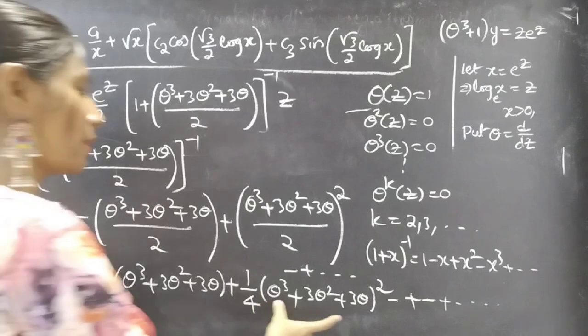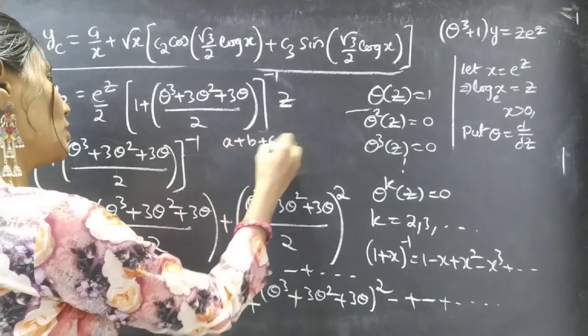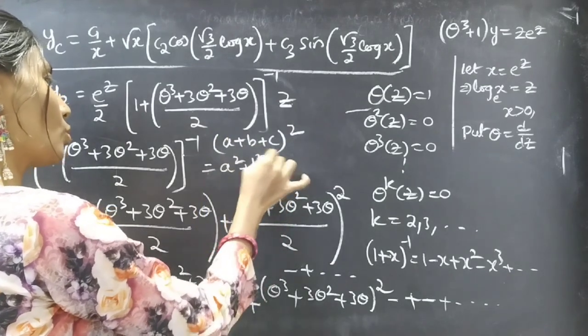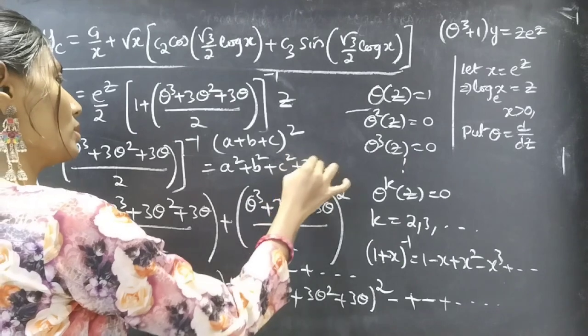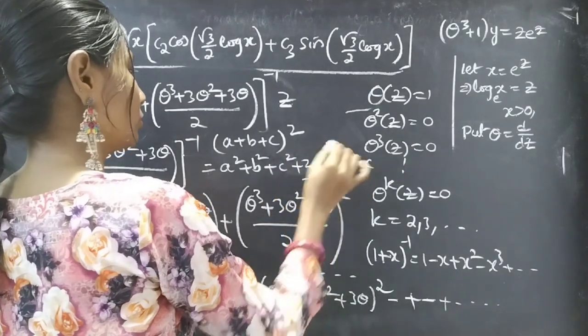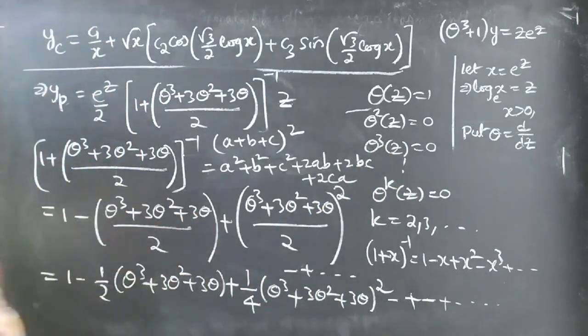Let's now find expansion of this term. Since we know that a plus b plus c whole square equals a square plus b square plus c square plus 2ab plus 2bc plus 2ca, right?